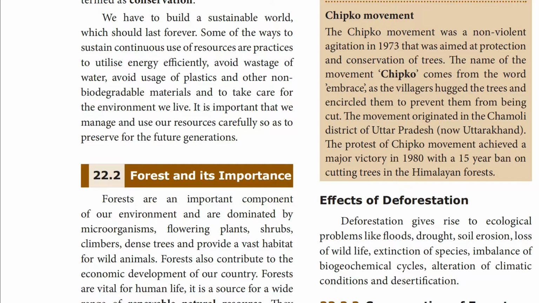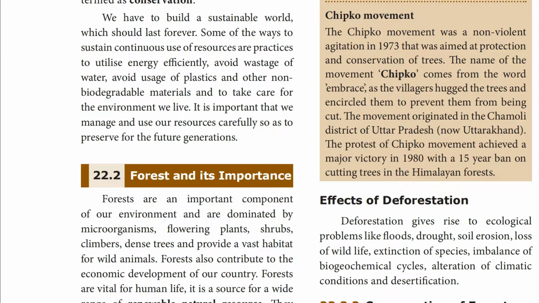Chipko movement. It was started as a non-violent voice in 1973. Its aim was to protect and conserve the trees from being cut. The name of the movement, Chipko, comes from the word embrace. The villagers would hug the trees and encircle them, by which they were able to prevent them from being cut.